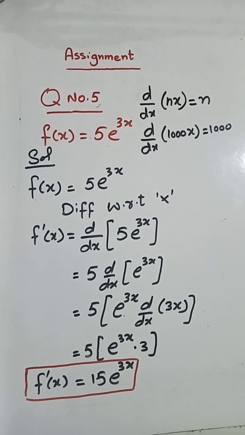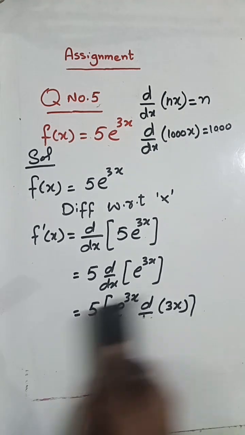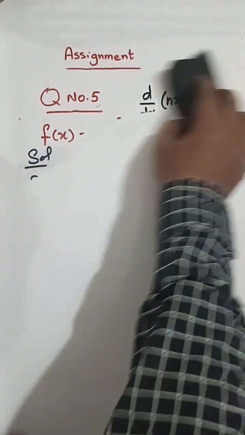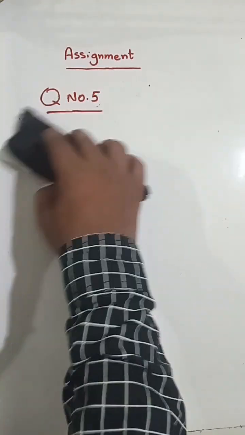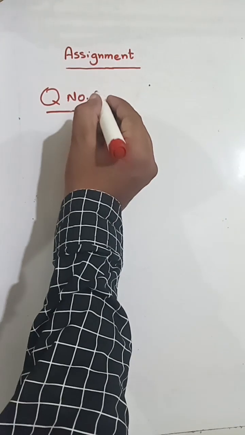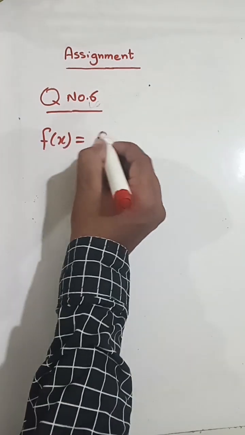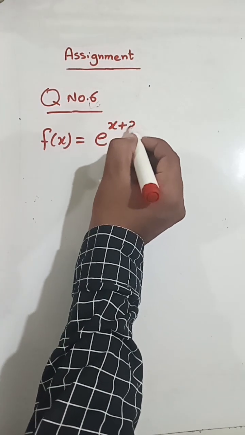Okay, my brother, now I'm solving the last question of our assignment, that is question number 6. Question number 6 is f of x is equal to e raised to power x plus 2.